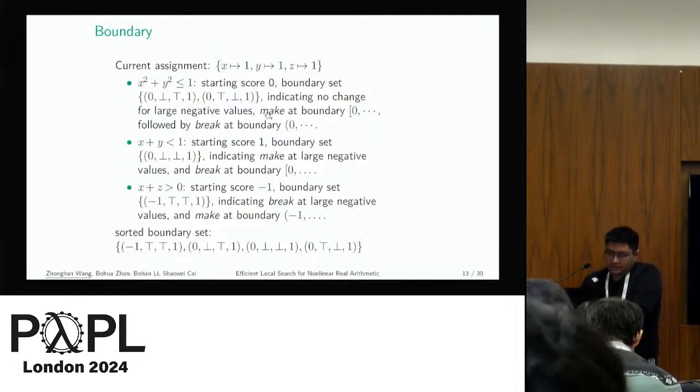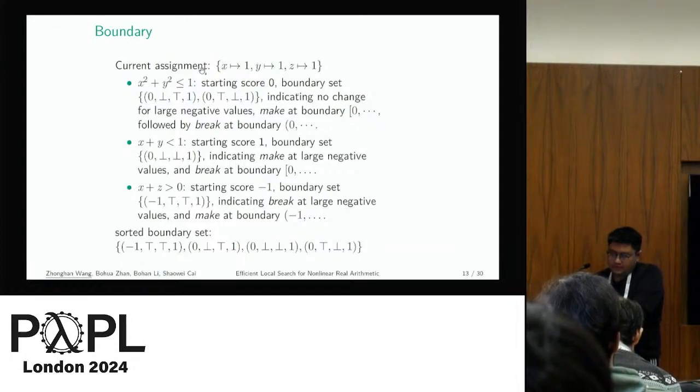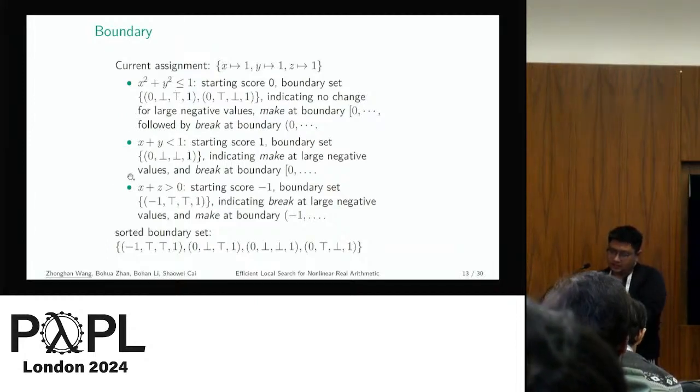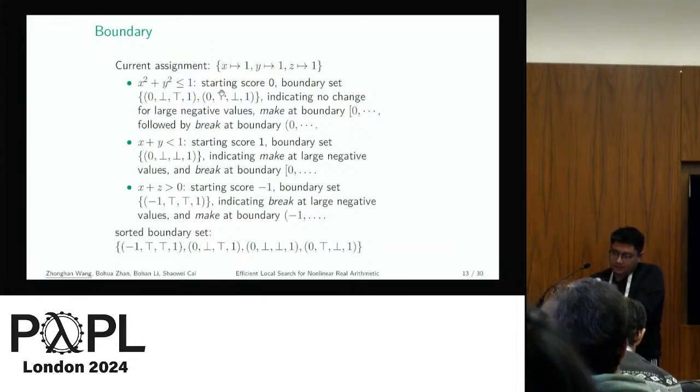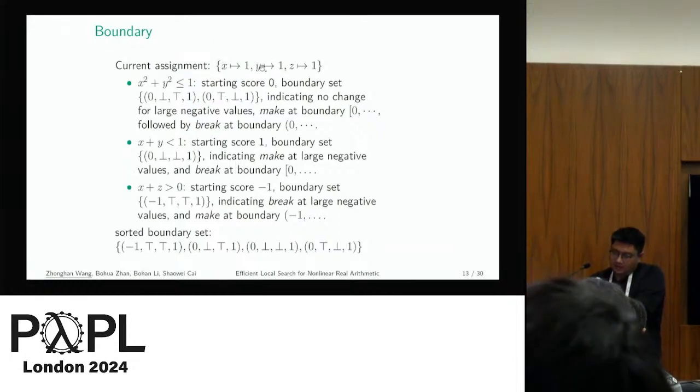Okay, here's the previous example, and you can see that the boundary sets of all clauses are computed according to their invisible sets. The first one is a special case, because y is assigned to 1, so x can only be assigned 0 to make the clause satisfied.